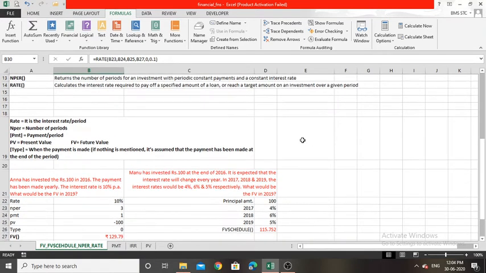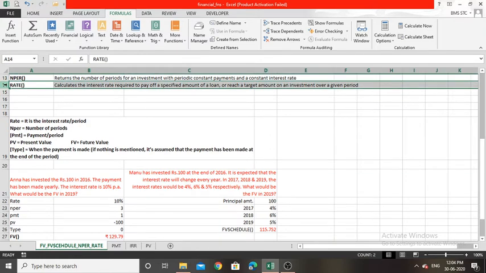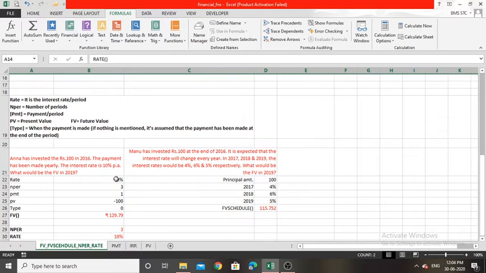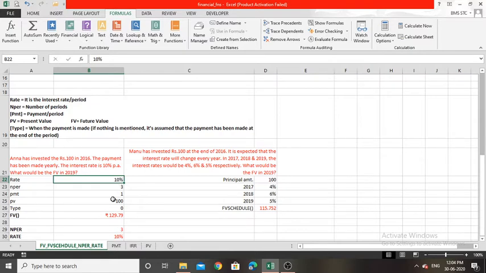So what about the next function, rate? The rate function calculates the interest rate required to pay off a specified amount of a loan or reach a target amount on an investment over a given period. Here we have to find out the rate, that is 10%. The other details are already given in the question.